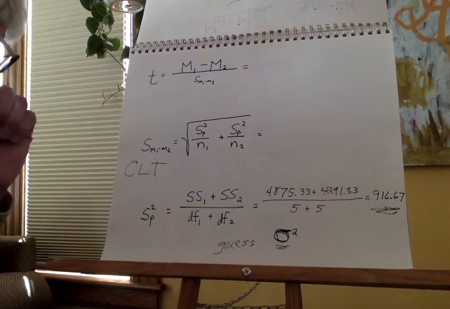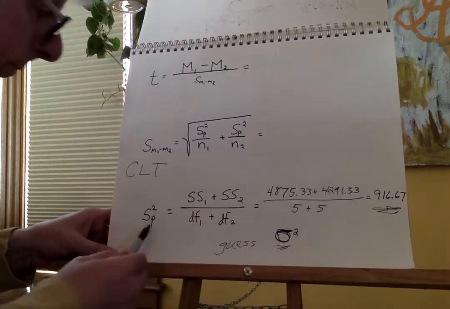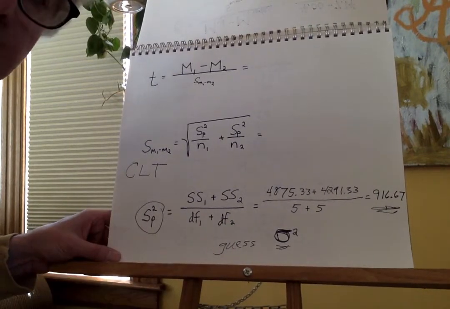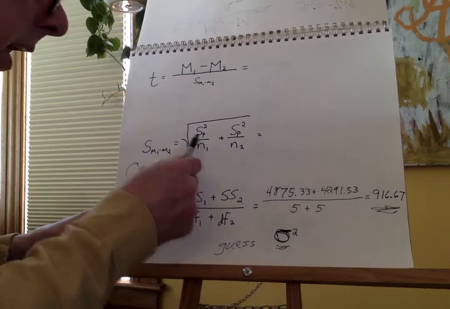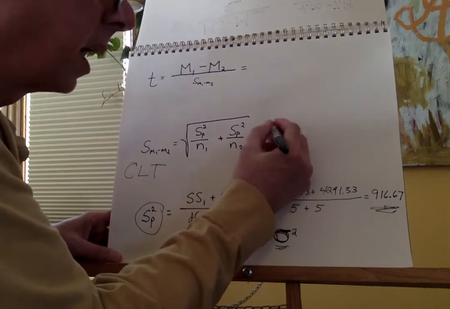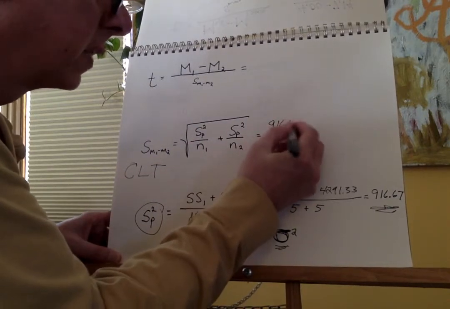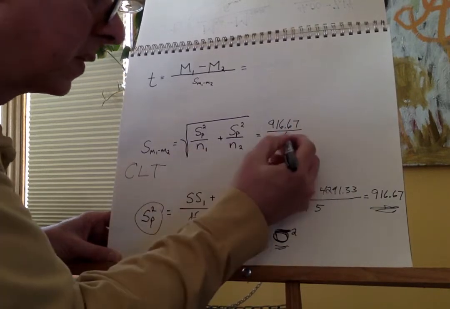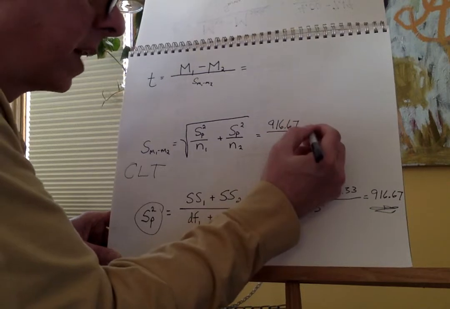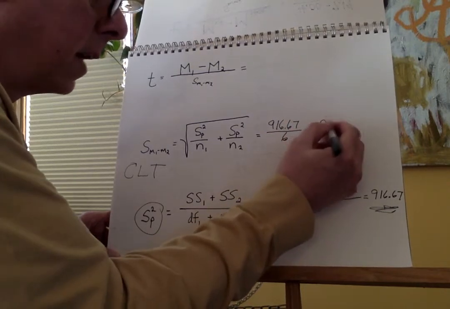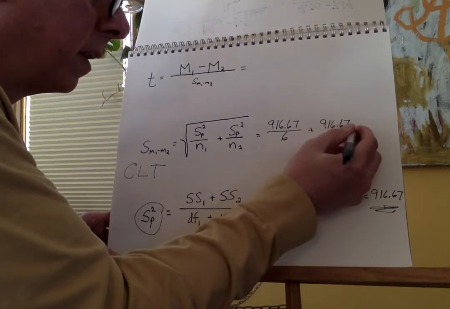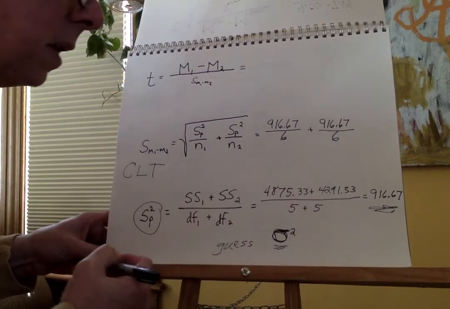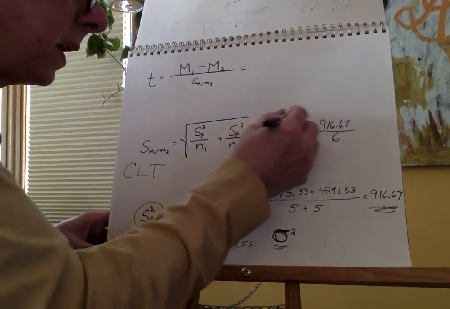And I'm simply going to take my pooled variance, okay, and put it in here. So it's 916.67 divided by 6 now, 6 because this is n. Follow the recipe. 916.67 divided by 6. Don't forget to take the square root.